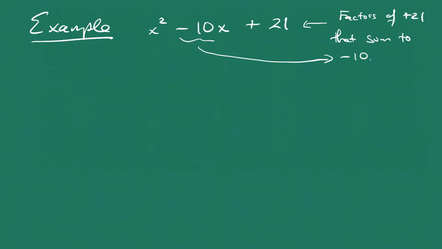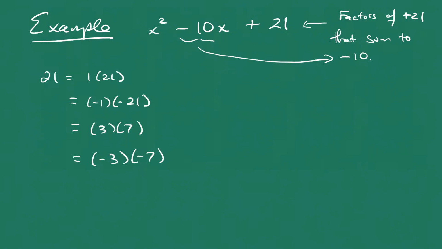So how do we end up doing this? Before, when we were looking at possibility of factoring, we were really only looking at positive numbers. In our second case, we had one positive, one negative. Now, because our constant is positive and our coefficient of x is negative, it means that our two terms are both going to have to be negative.